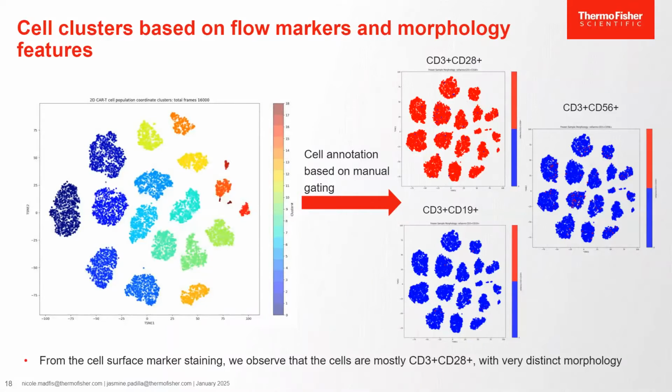However, it reveals that amongst the CD3 positive, CD28 positive population, there are very distinct morphology profiles that exist, and that the donors that expanded better tended to cluster together within these 19 communities. Again, we see that the heterogeneity of cell morphologies in the day zero population can offer information about how the cell may behave in the future.